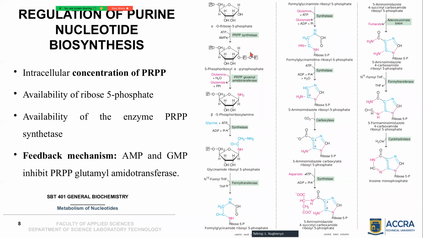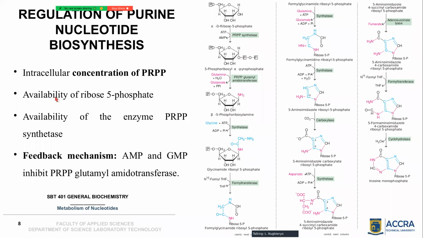You need enough of this in the system for glutamine to be transferring the amine group onto them, and then glycine comes, and then the reaction continues on and on. If you don't have enough of this phosphoribosyl pyrophosphate, then of course the synthesis is not going to be at a higher rate. If you have less, you have a lesser rate of the synthesis. If you have more, you have a higher rate of the synthesis.